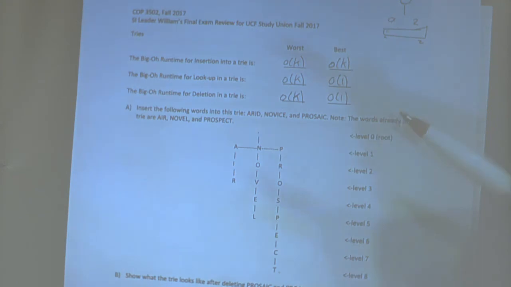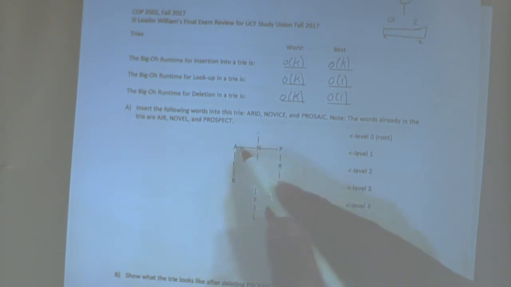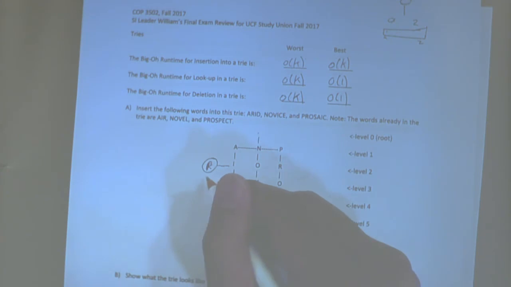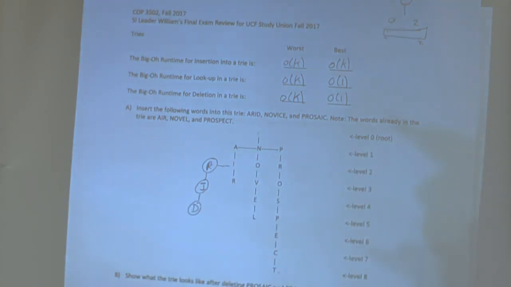So to insert arid, we traverse down our try and find A, then look for R. If R's not there, we just plop it in there, like a wizard, we just make R there, and then we go down our traversal and keep plopping until we reach the end of our word. And that will be the insertion for arid.